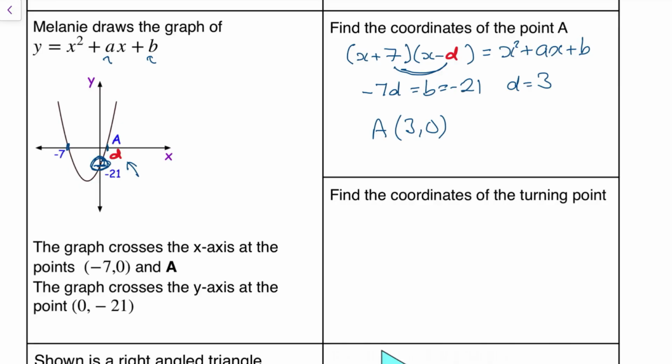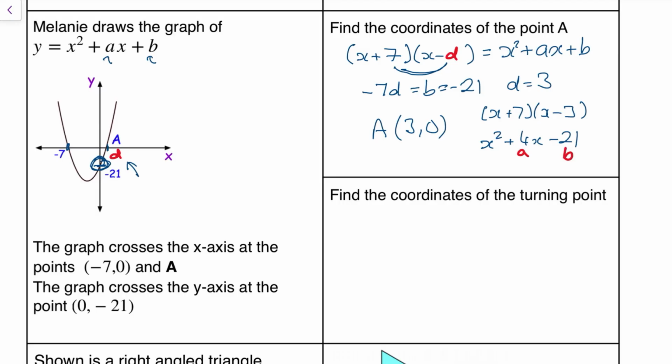Which also means, going back to the red D above, I know my expression can be written as x plus 7, x minus 3, which expands to x squared plus 4x minus 21, since 7 minus 3 is 4. So this is my A in the question, and this is my B in the question. Doesn't say that, but I feel I might need that next.